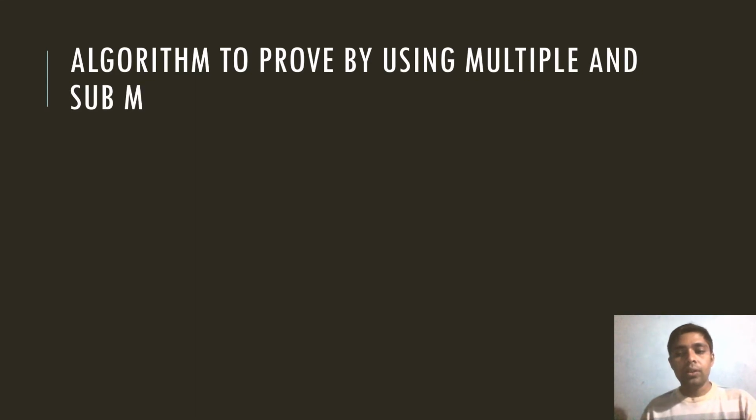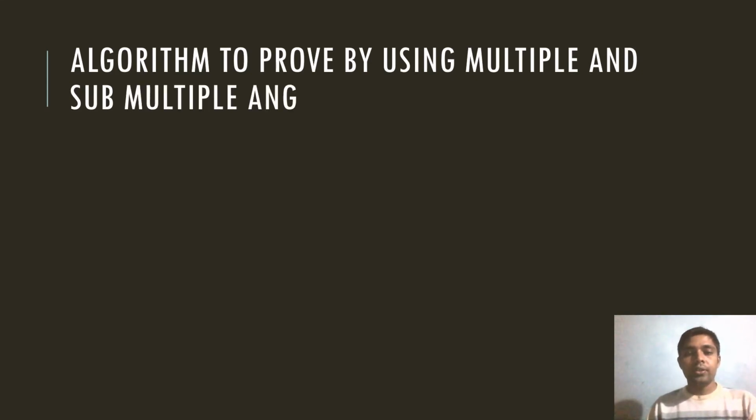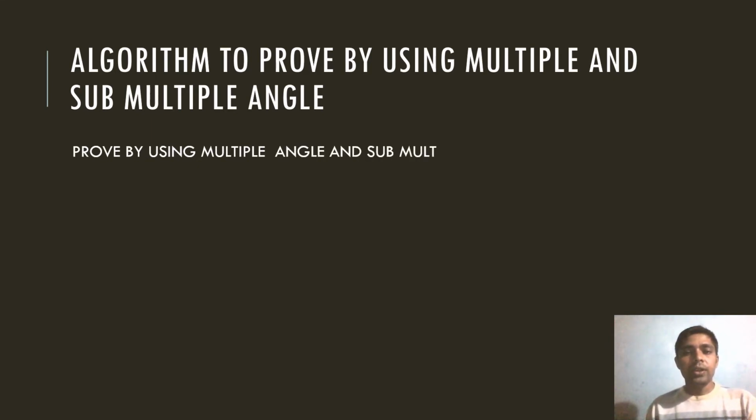First we'll go through the algorithm, then we'll use this algorithm to solve problems, so that you get confidence and an idea as well. So first we'll see the algorithm for using multiple and submultiple angle problems, that is, proof by using multiple and submultiple angles. We will see the steps now.